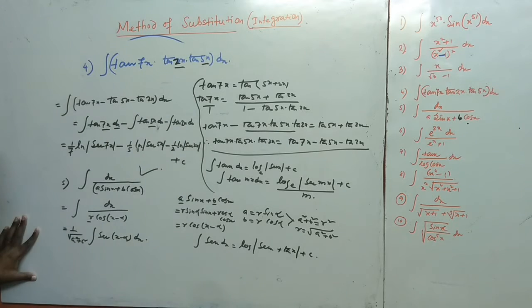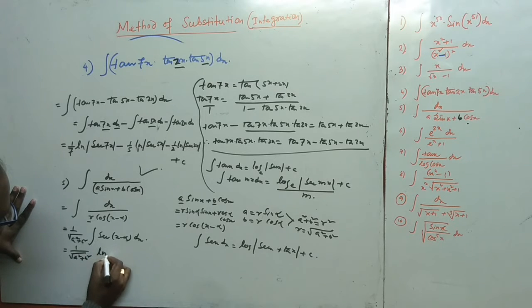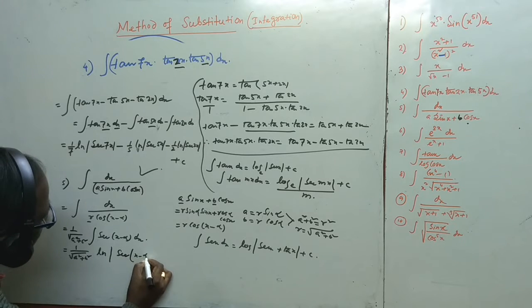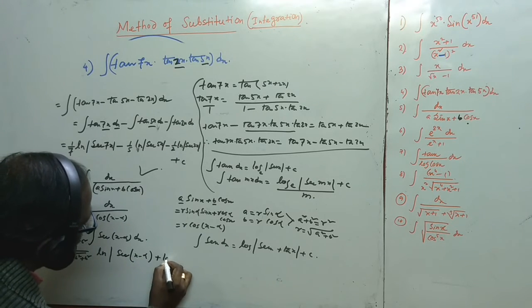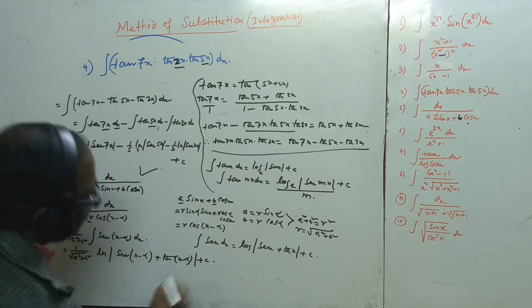So that's why we get 1 by root over a square plus b square, ln mod sec of x minus alpha plus tan of x minus alpha plus c.